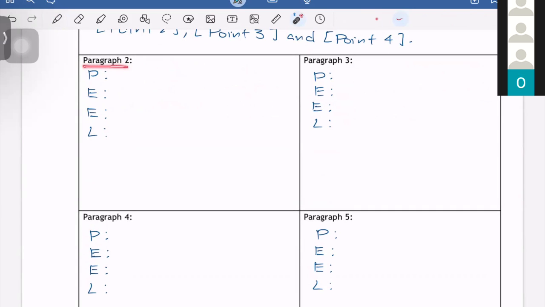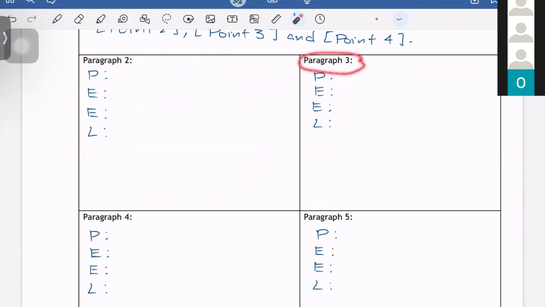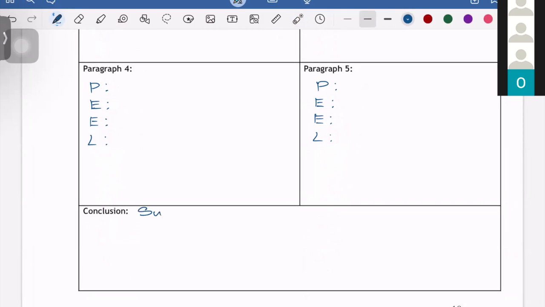So paragraph 2, your point, this is one whole paragraph. Next point is also one whole paragraph. So 1 point for 1 paragraph. Conclusion, same as your argumentative, summarize your points.